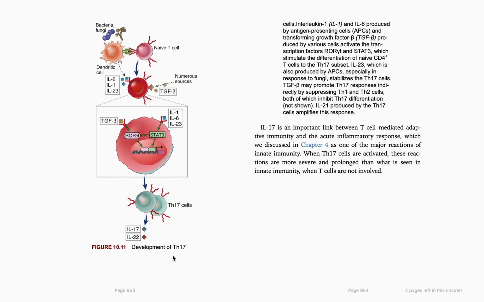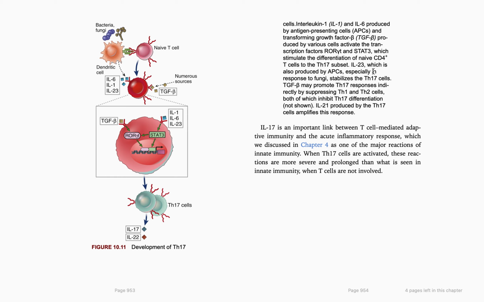So this is the development of T helper 17. We see interleukin 1 and interleukin 6 produced by antigen presenting cells, and transforming growth factor beta produced by various cells, activating the transcription factors ROR gamma T and STAT3, which stimulate the differentiation of naive T cells to the T helper 17 subset.